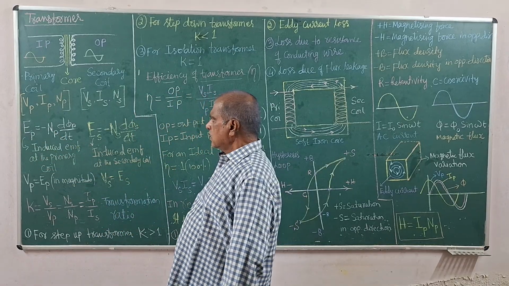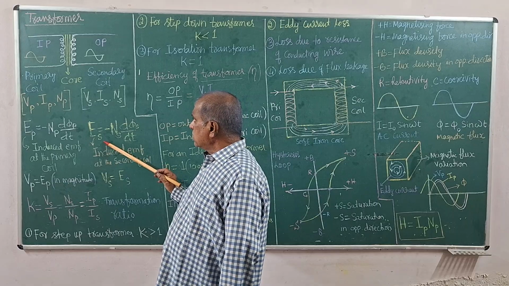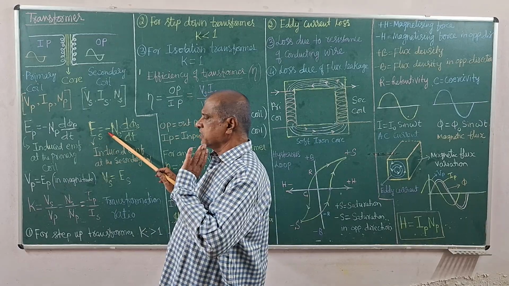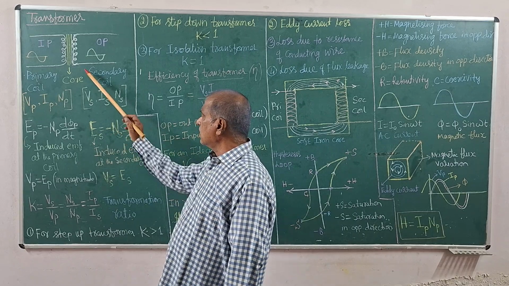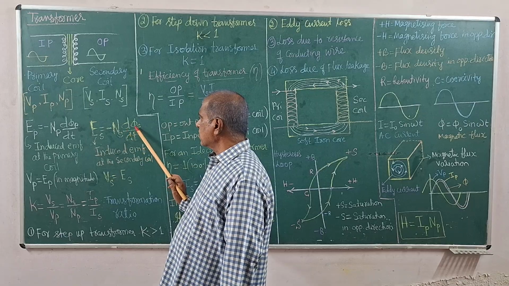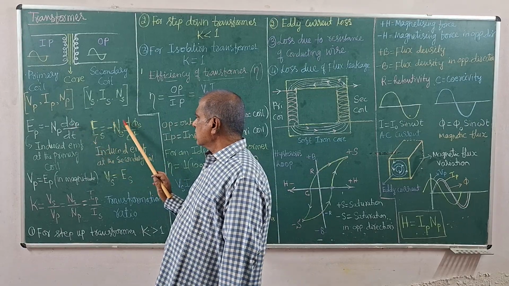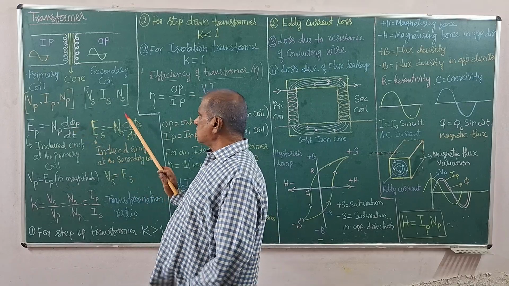And the voltage induced in the secondary coil is again minus, in the opposite direction. It depends on the number of turns in the coil and the rate of change of flux in the secondary coil. This flux variation is almost the same. There may be a little difference between these two values.